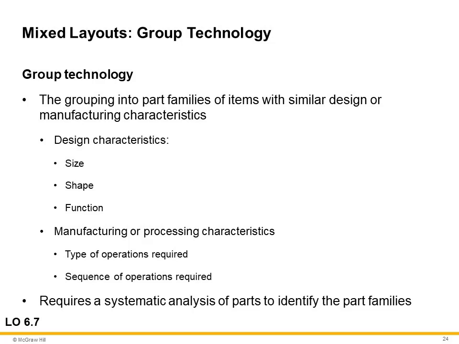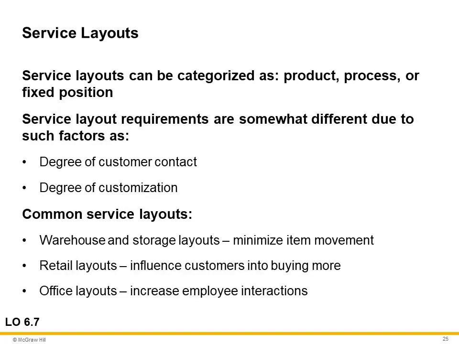It depends on which characteristic you use for grouping. It depends on your product, your business, your technology. As an example, some use size, shape, or function for grouping the activities.